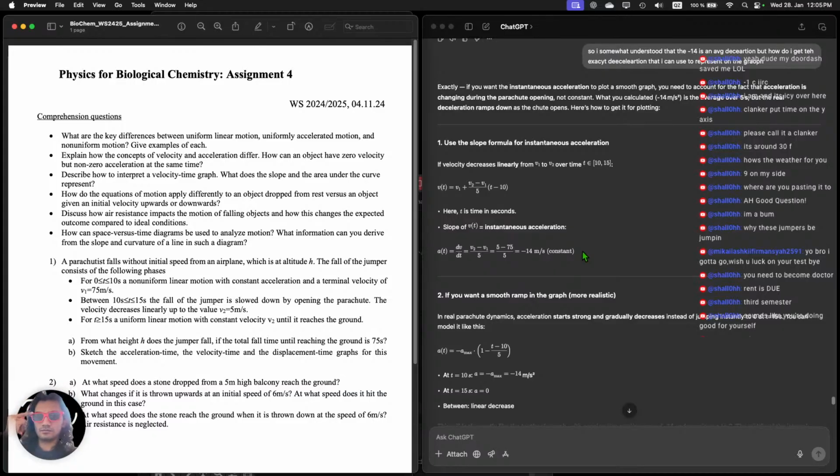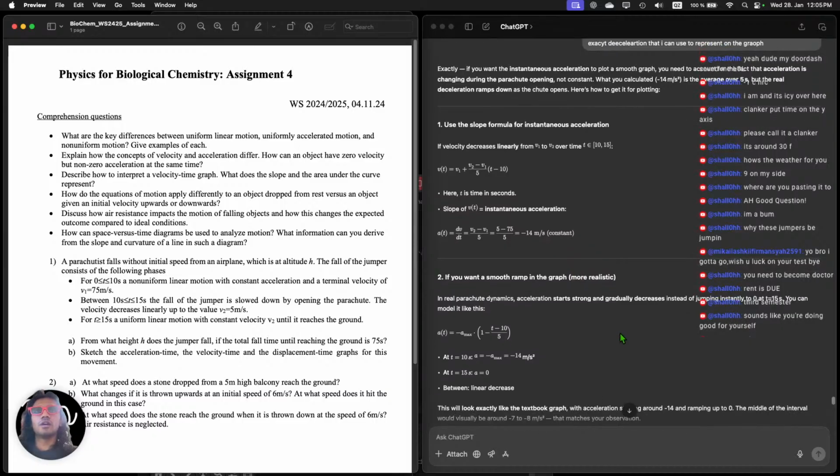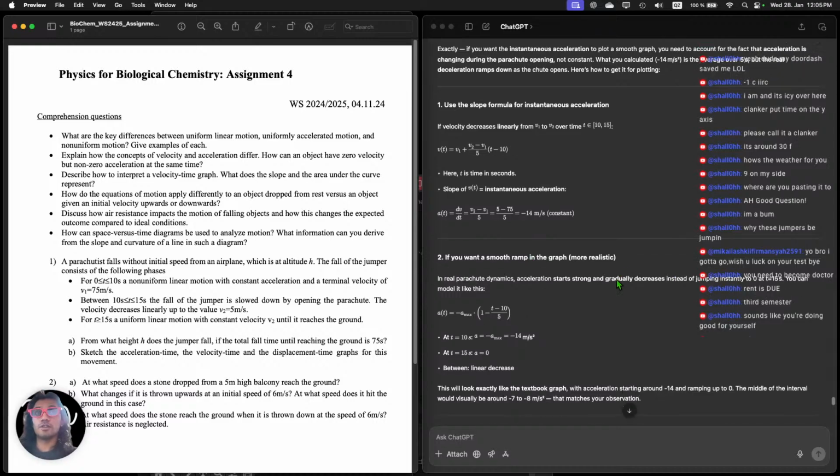What? If you want the smooth ramp in the graph, more realistic, okay, is it today though?